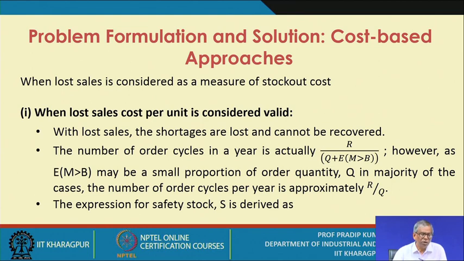So right now the third case is when the lost sales cost per unit is considered valid. That means it is a lost sales case, and you have an information system support with which you can estimate with reasonable accuracy the lost sales cost per unit.